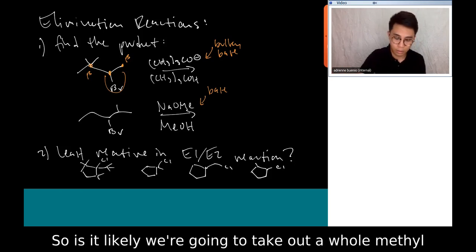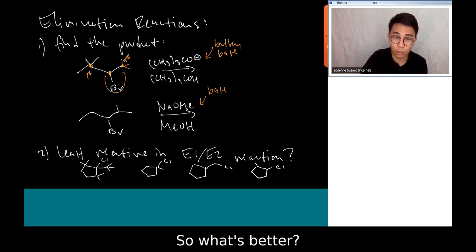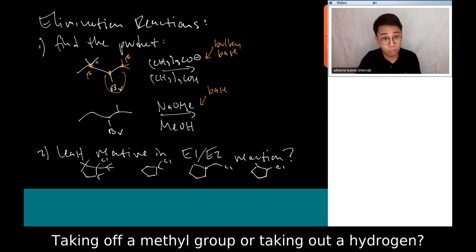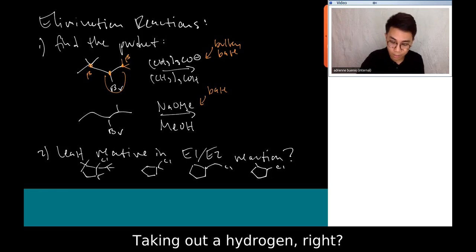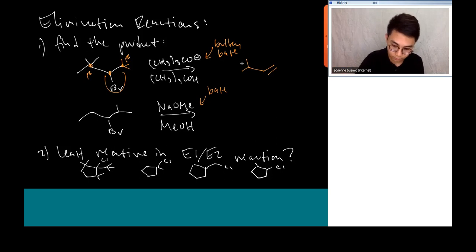Is it likely we're going to take off a whole methyl group to eliminate, versus over here, which is all hydrogens? What's better, taking off a methyl group or taking out a hydrogen? Taking out a hydrogen. So you should have gotten something like this.